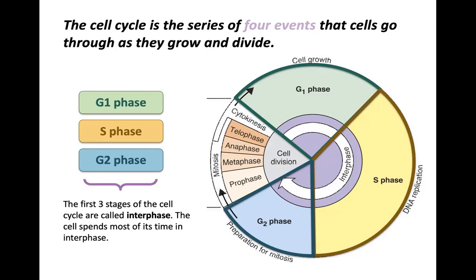DNA replicates, okay? And if you look at these three phases up here, which one's the longest? The S phase, okay? Synthesis. So super, super important. The S phase is part of interphase, and it is super important because that is where DNA replicates.